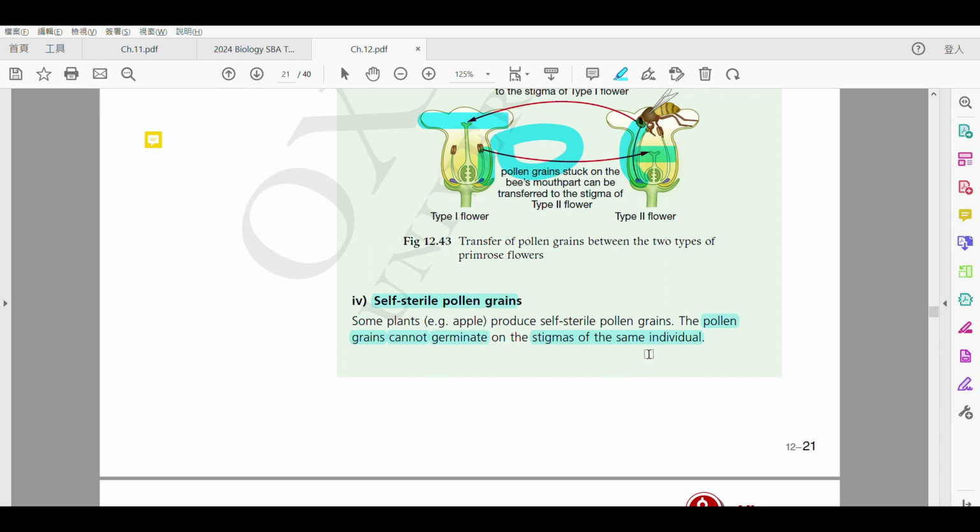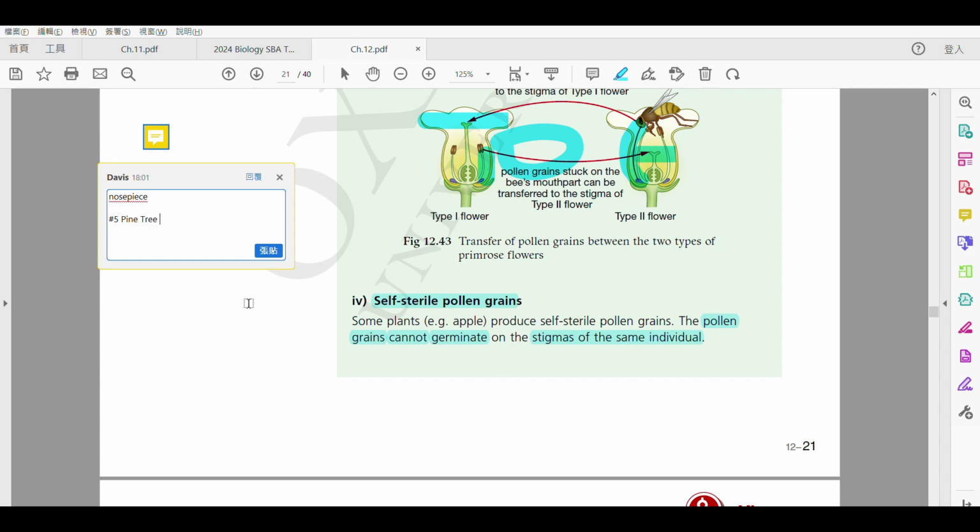The flower makes this happen. This mechanism we call self-sterile. Okay, so the last part is, if you're interested, please copy it down.